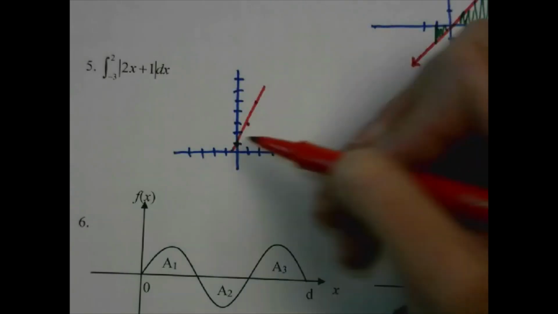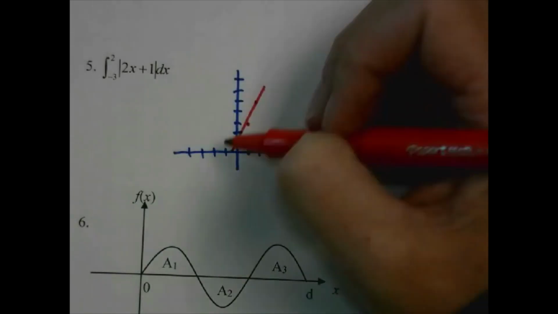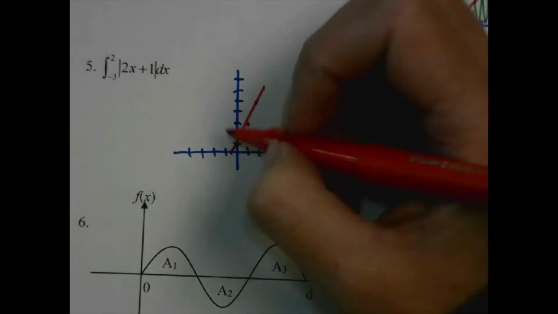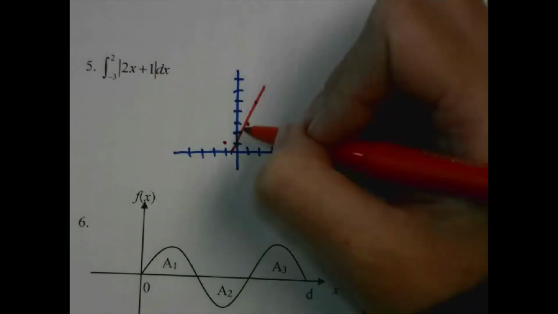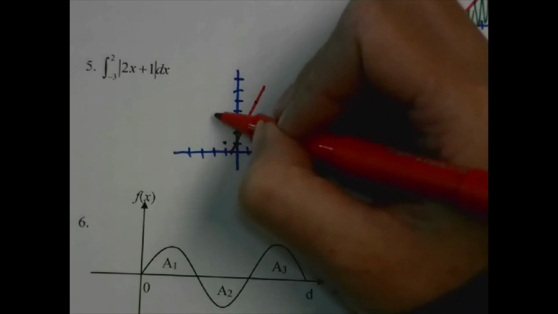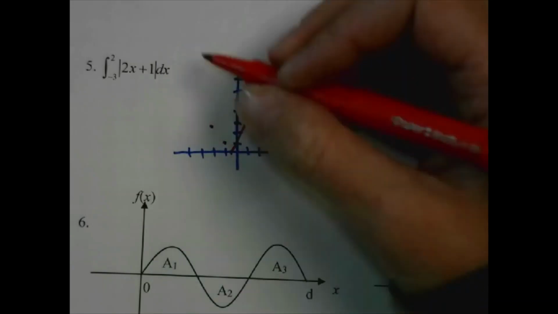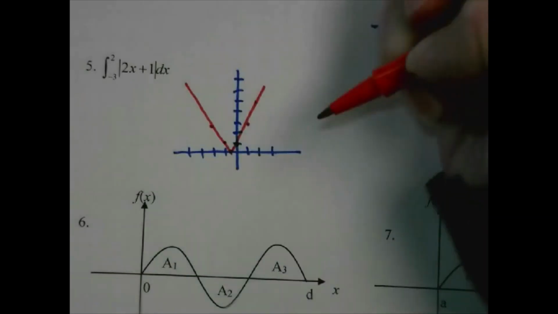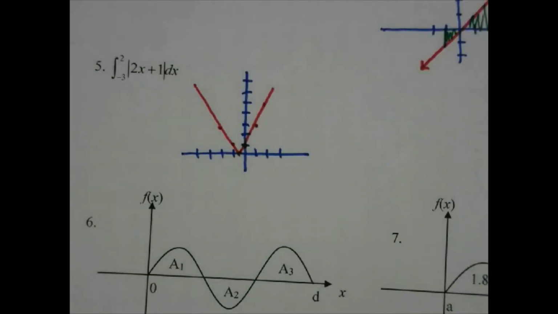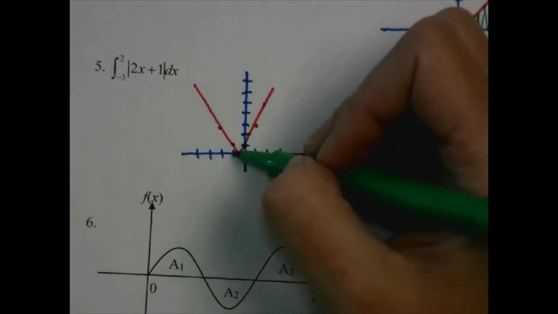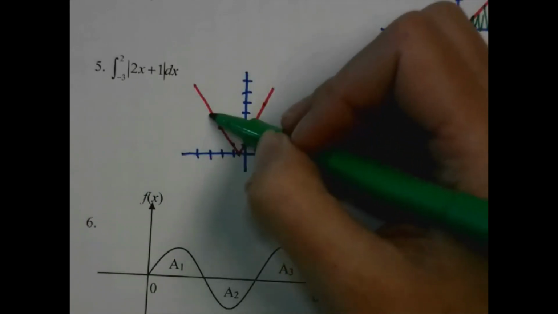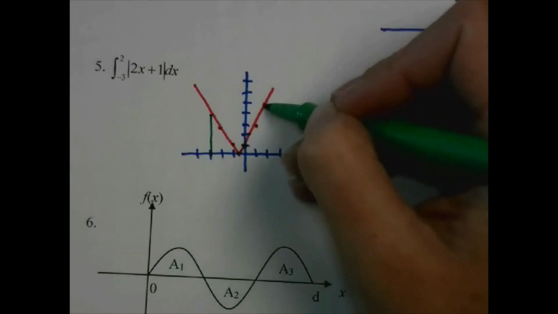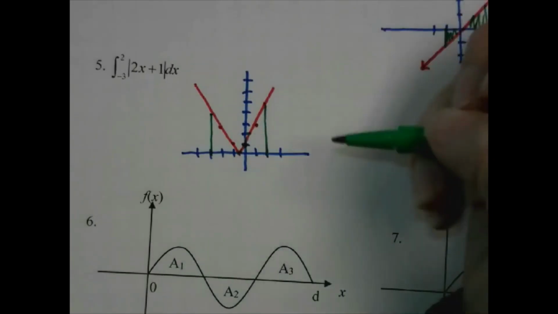I'll go here, but then it's going to bounce up because it's the absolute value of that line. So my next dot is going to be here and here. So I want the integral from -3, so there's -1, -2, from -3 to +2.